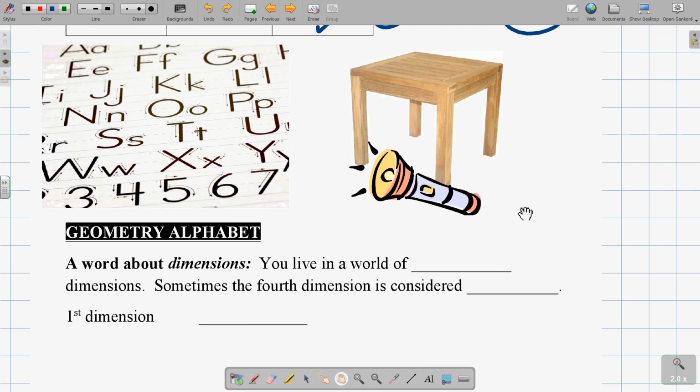We first need to talk about the concept of dimensions. You live in a world of 3 dimensions. Length, width, height. Sometimes the 4th dimension of our world is called time.